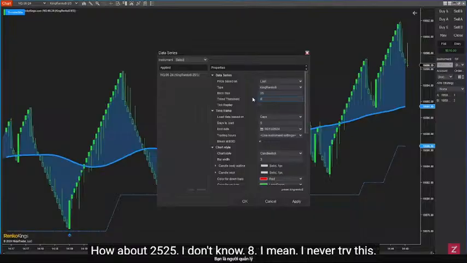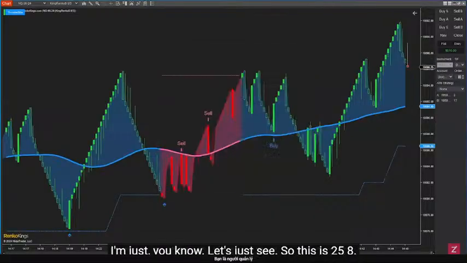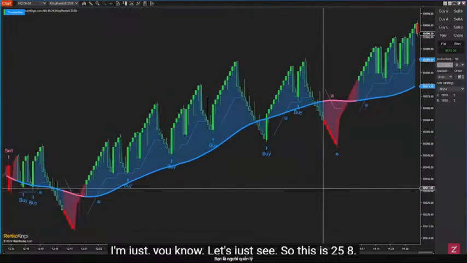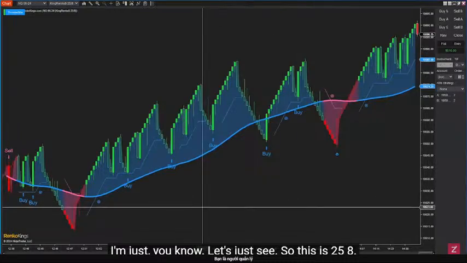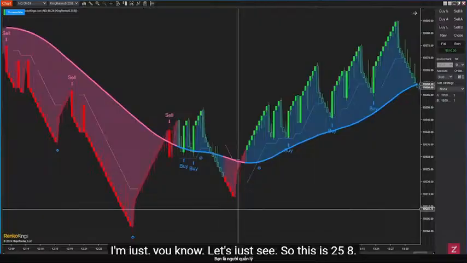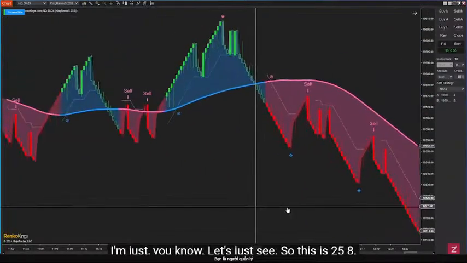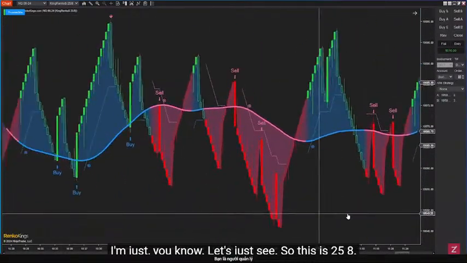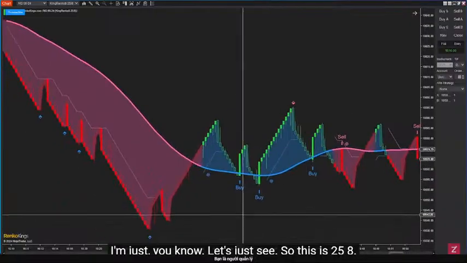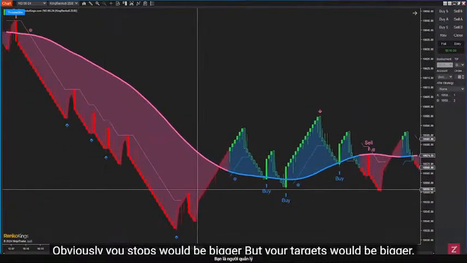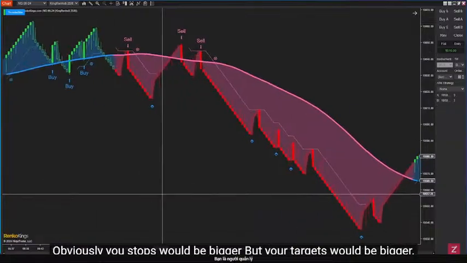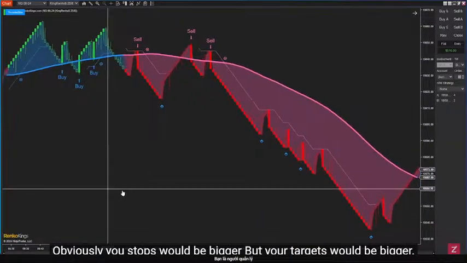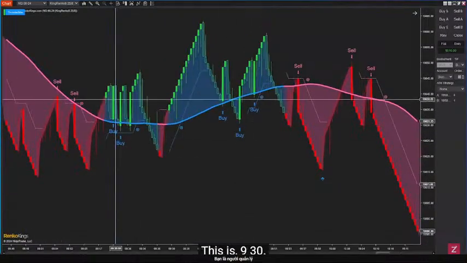I mean, I never tried this. Let's just see. So this is 25/8. Obviously, your stops would be bigger, but your targets would be bigger. This is 9:30.